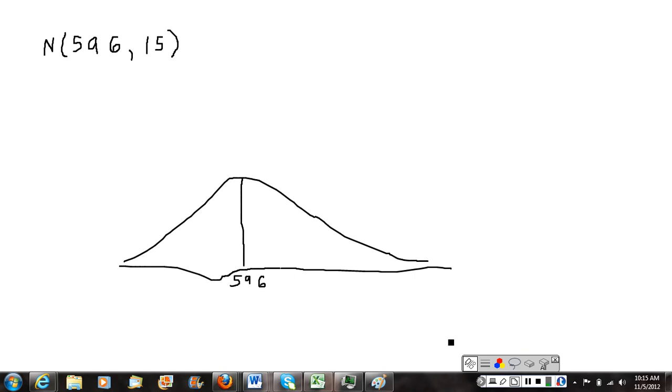So if we think about what we want to calculate here, they want to know the greatest 3% of fruits. Imagine this area here is 3%, which as a decimal is 0.03. They want to know what proportion of fruits weigh more than that.